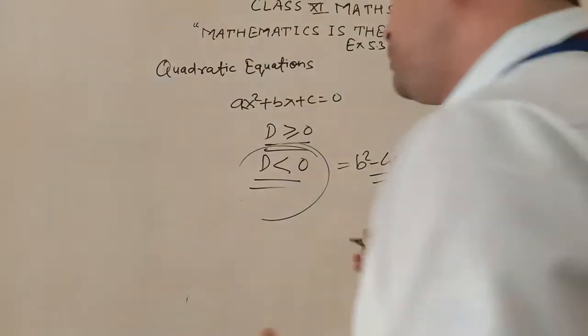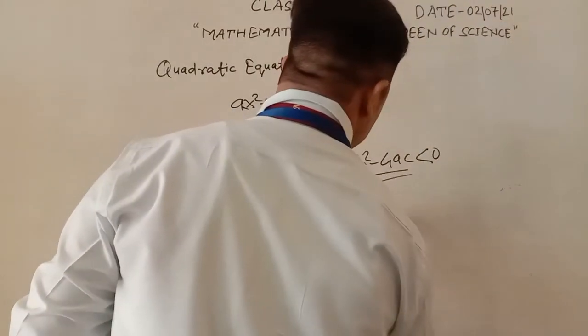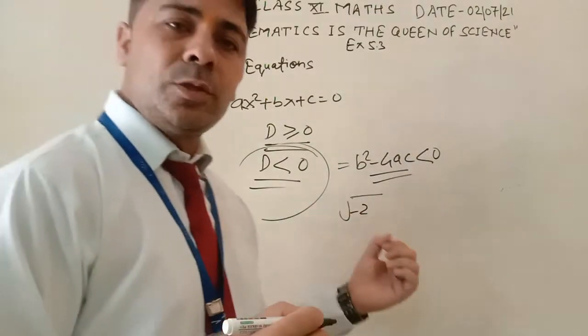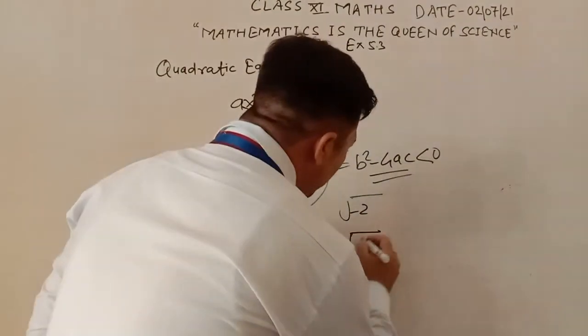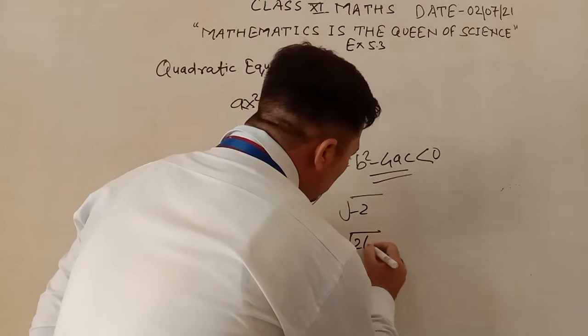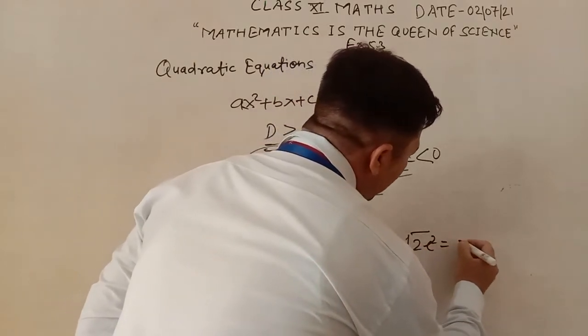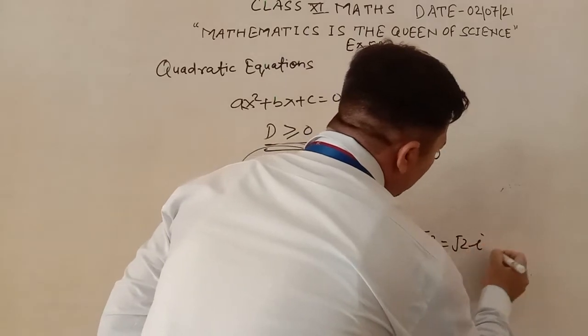If you have a negative root like root minus 2, you can represent it as root 2 into minus 1, which is root 2 into i square, so root 2i.